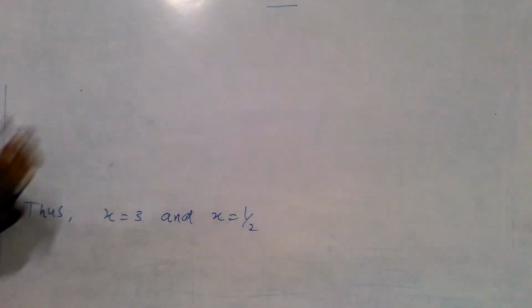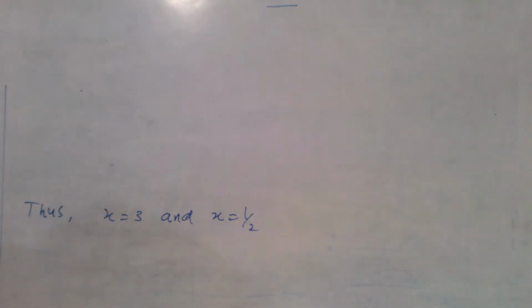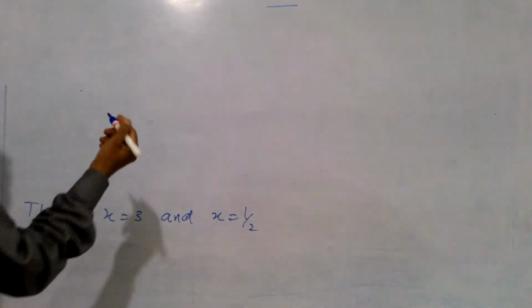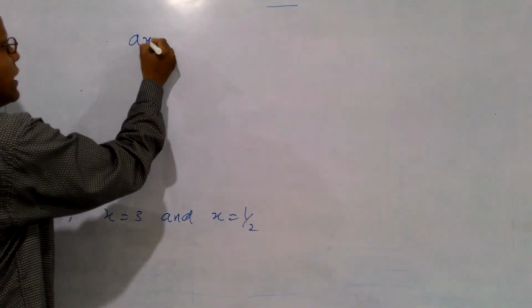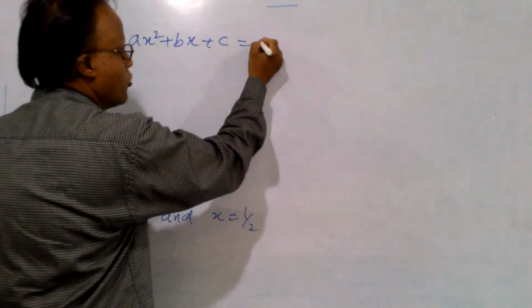Now next, verification of these roots with the help of the Sridhar Acharya quadratic formula. So note down, by comparing: the standard form of a quadratic equation is ax square plus bx plus c is equal to 0.